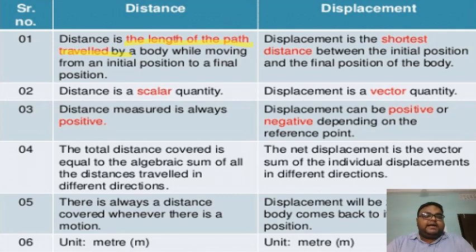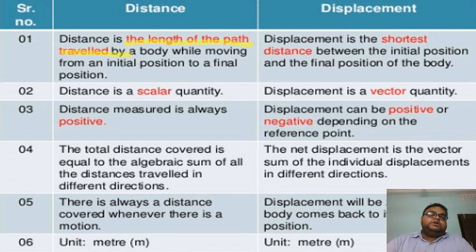Distance is a scalar quantity. Distance has only magnitude, but no direction. Displacement is a vector quantity. It has both magnitude and direction.